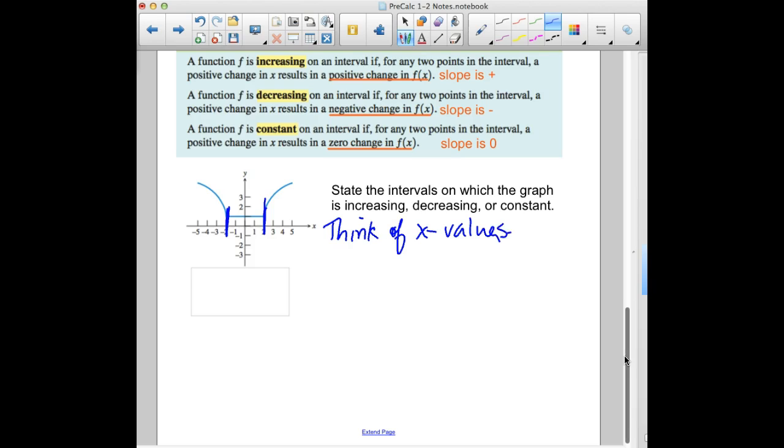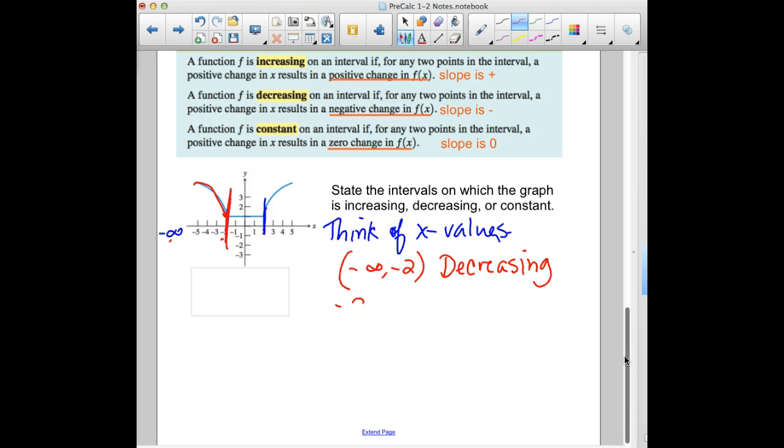All right? So starting on the left from -infinity, as we move to the right, my graph is going down until I hit this spot here. Yes? So from -infinity to -2, my graph is decreasing. What happens between -2 and +2?